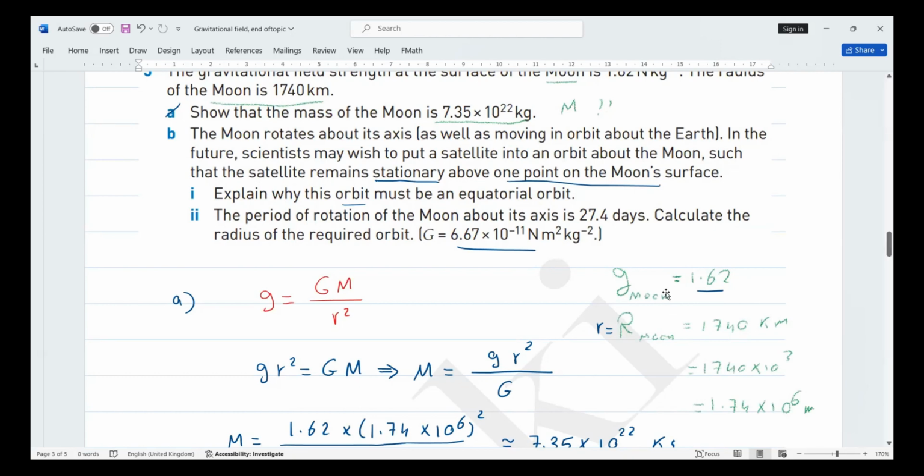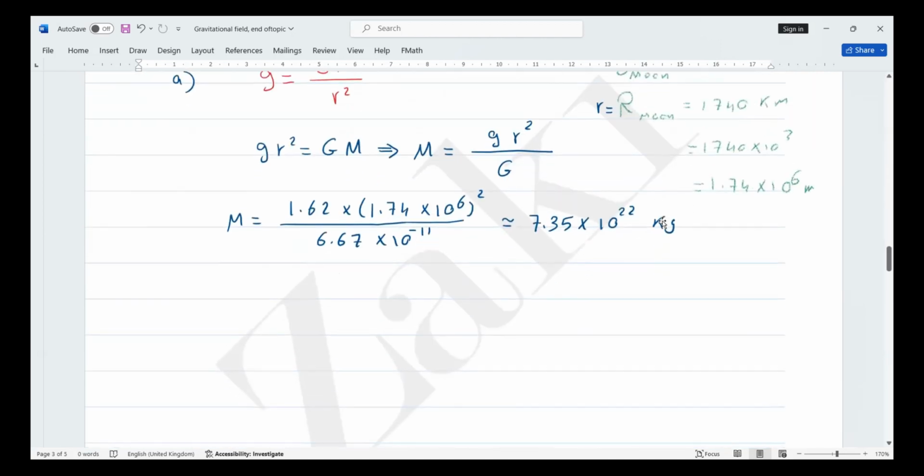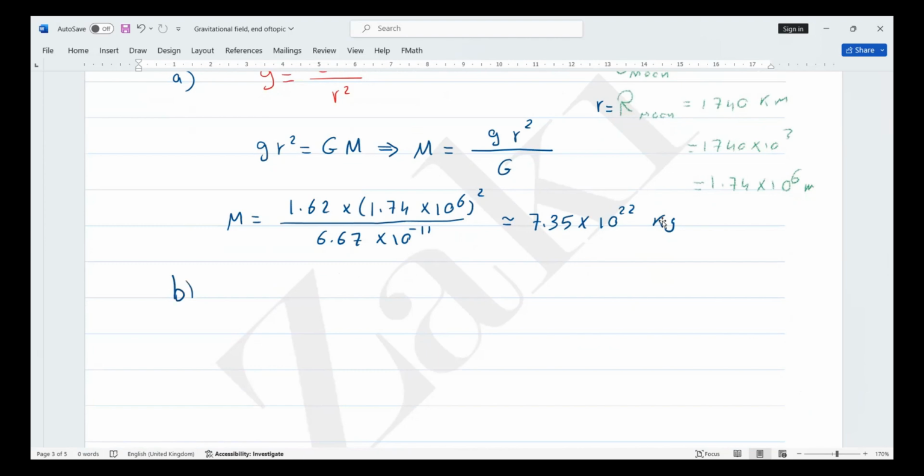I will give you a short answer and a long answer. So part B, the short answer is that, so that it is always above the same point on the equator.